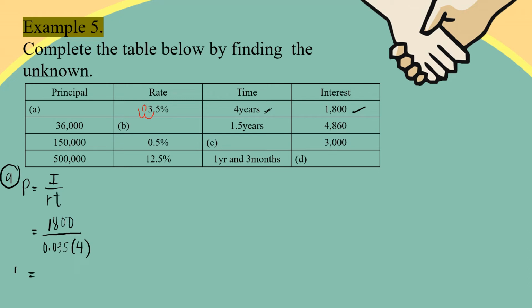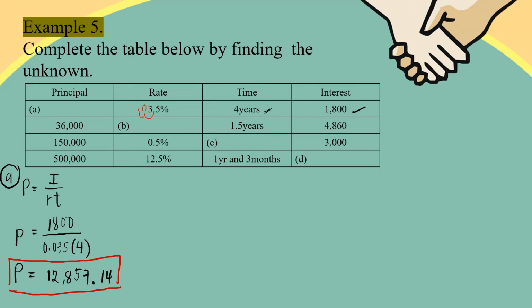Compute natin yung ating principal amount. 1,800 divided by 0.035 times 4, equal to 12,857.14. Ito ang ating magiging final answer. Ito yung ating principal amount.